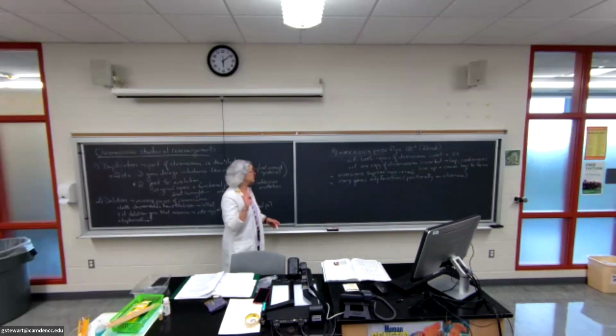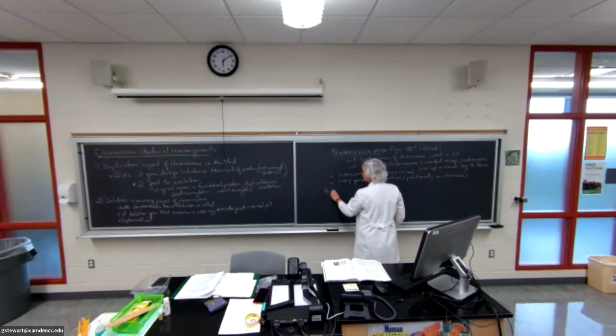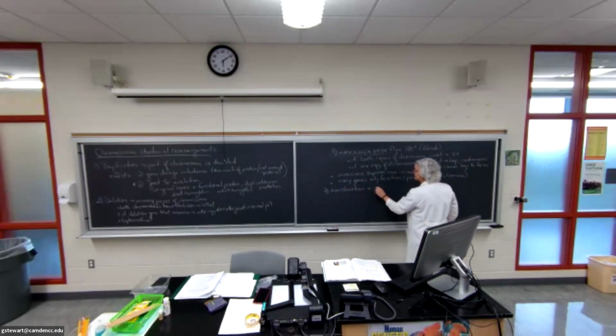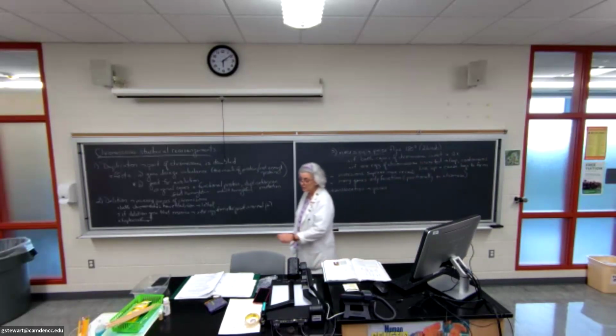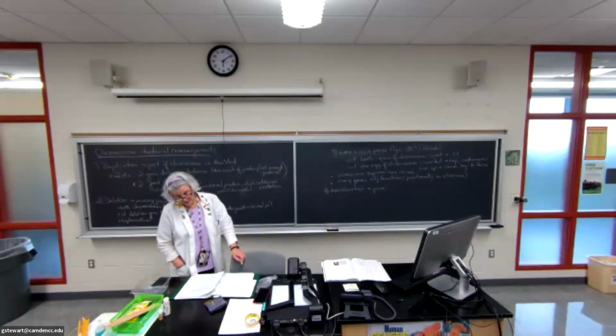All right, there's one more. There's 4 types of rearrangements. The fourth is called a translocation. And that is when pieces of either homologous or non-homologous chromosomes trade parts.